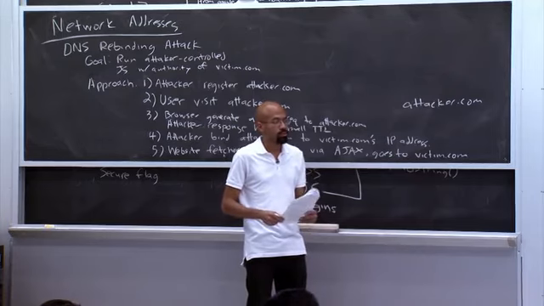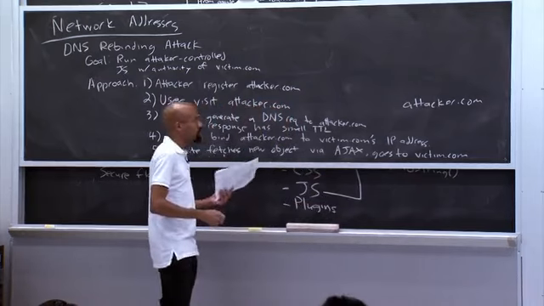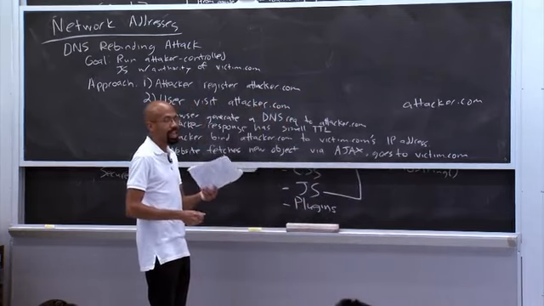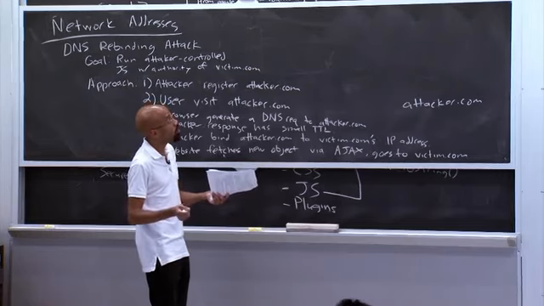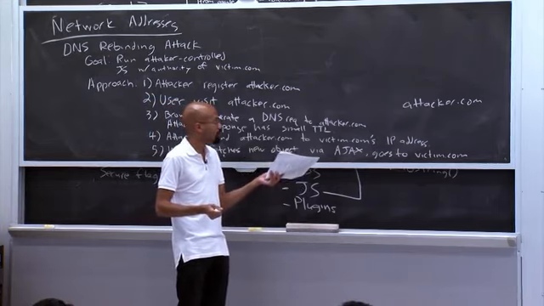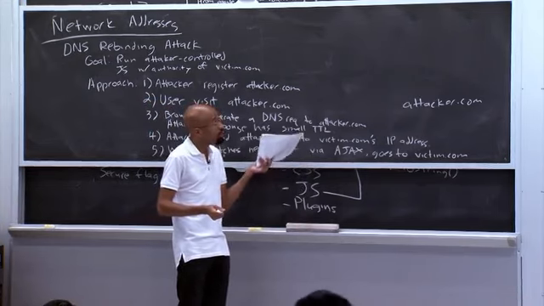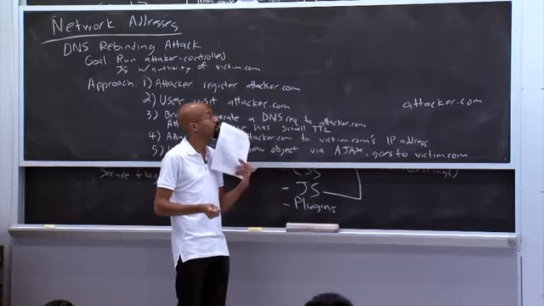Does this work over HTTPS? So that's an interesting question. HTTPS has these keys, right? And the way you'd have to get this to work with HTTPS is if somehow attacker.com could, let me think about this.